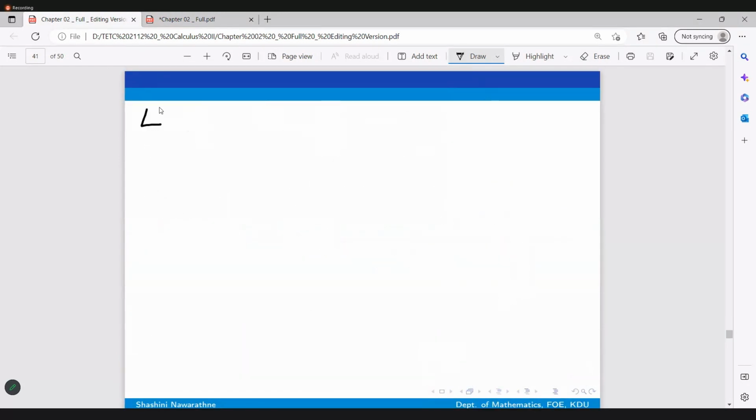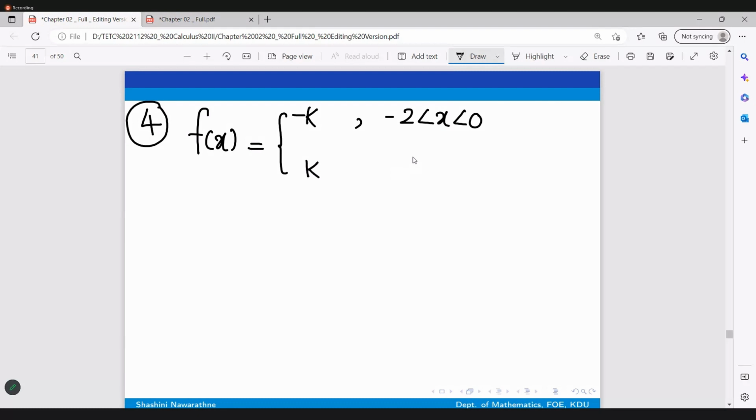Now we are going to do example number 4. The f(x) is defined as equal to minus k when x is from minus 2 to 0, and it is k from 0 to 2.